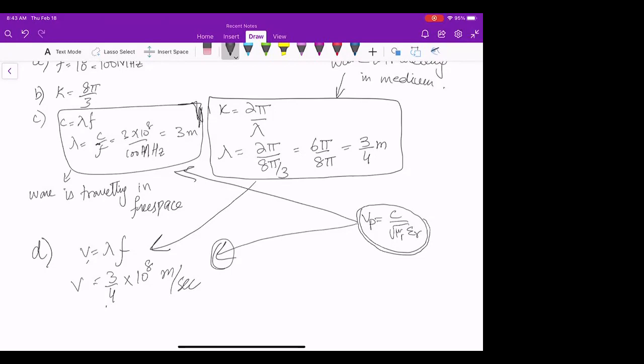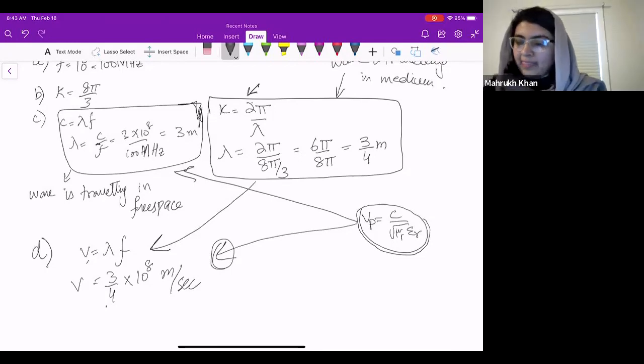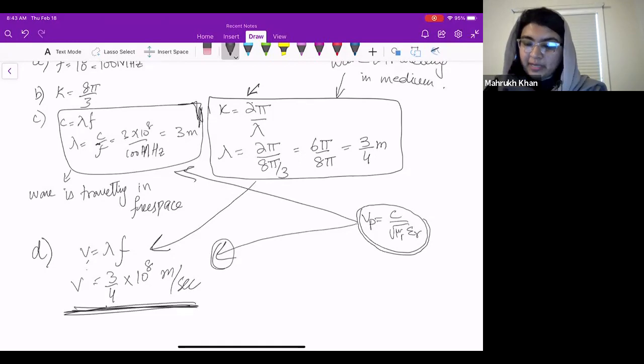So we calculated our lambda using K, and then used this formula to calculate our phase velocity. If we were moving in free space, our phase velocity would be equal to the speed of light, which it is not. So it means we are not moving in free space.